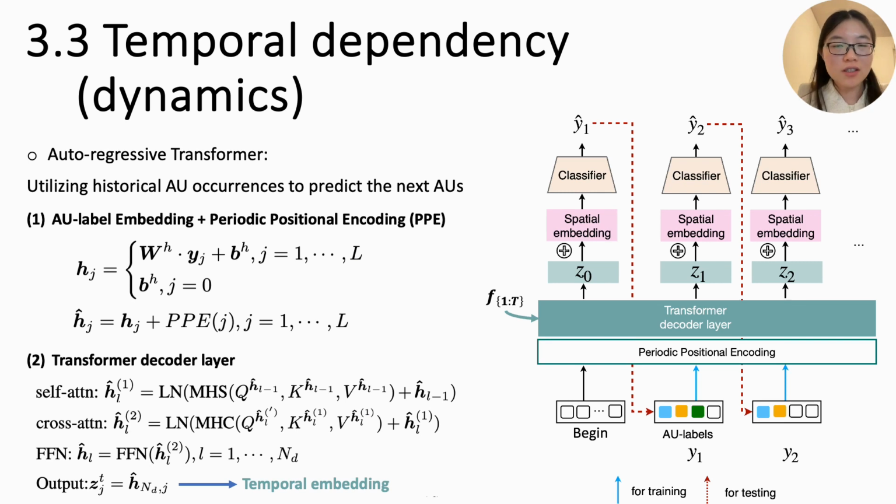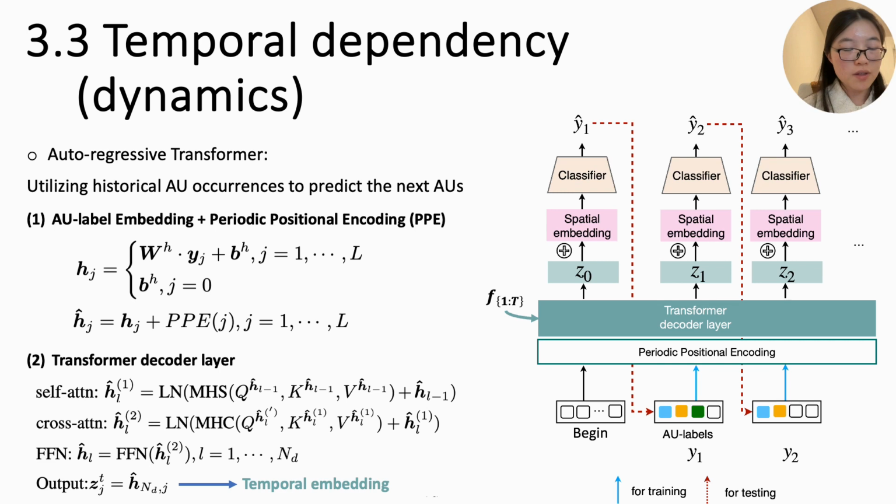With the extracted feature, we first build a temporal model that models the motion dynamics. This is achieved by an autoregressive transformer, which utilizes historical AU occurrences to predict the next AUs. We first generate the AU label embedding added with a periodic positional encoding, which is the input of the transformer decoder layer.